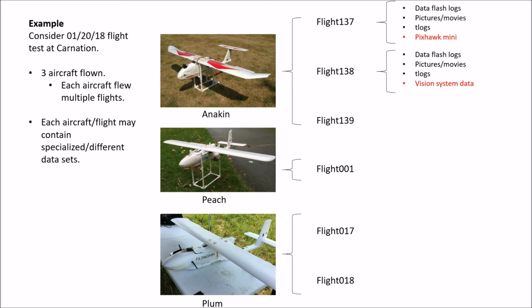And as you can imagine, this process might repeat for all of these different flights and for all of these different aircraft, where you might have some data that's the same format, but you also might have different sensors or different data streams. So as you can see, the amount of data that's generated during a flight test is fairly large, can be dissimilar, and requires a nested file structure to properly archive all of this information.